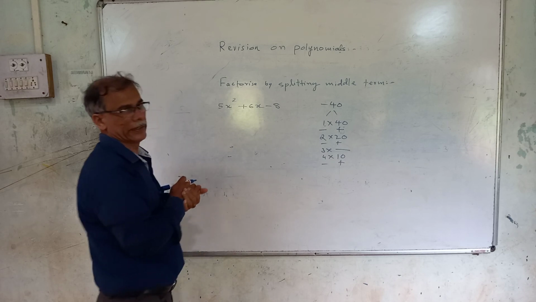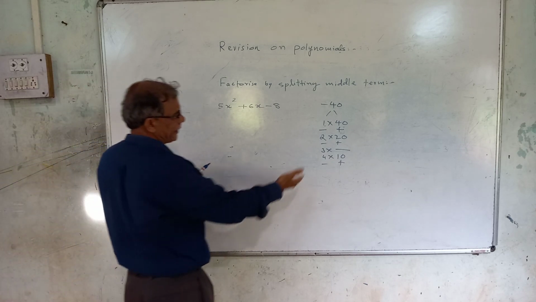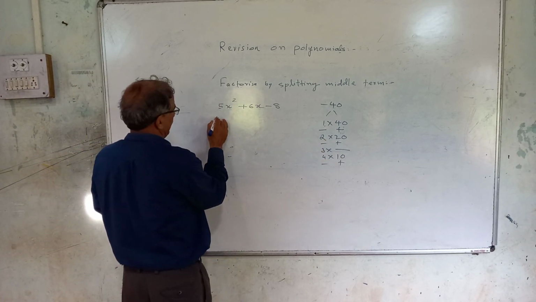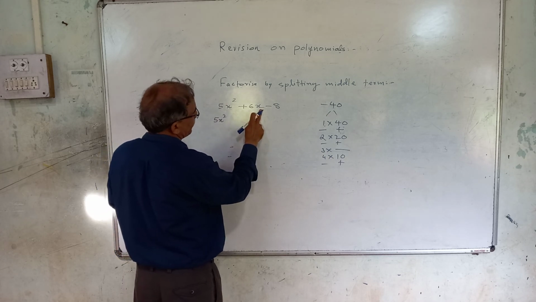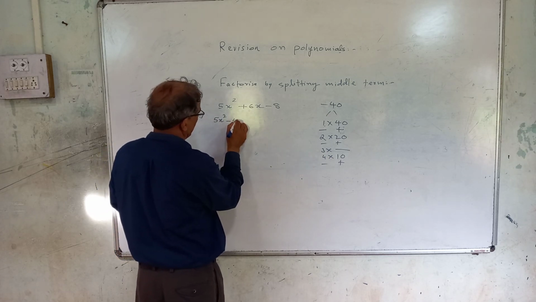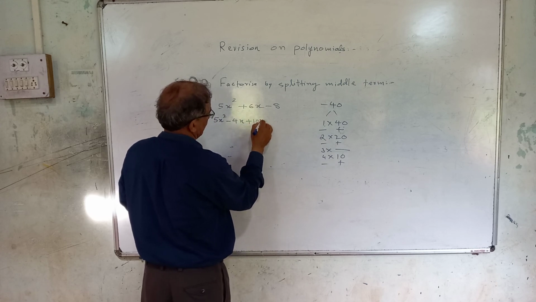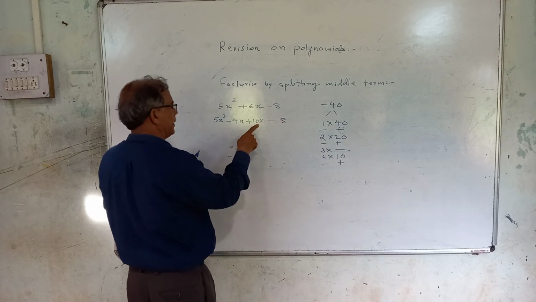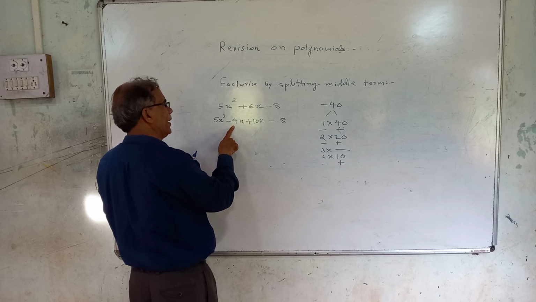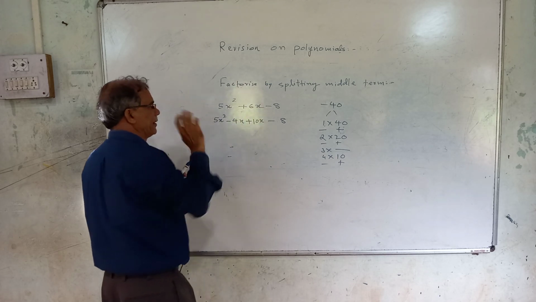How much? 6. So we shall take this pair now and write in place of 6x, that is minus 4x, attach x and write them, and plus 10x minus 8. Now see, 10x minus 4x, you add and see, that becomes plus 6x.